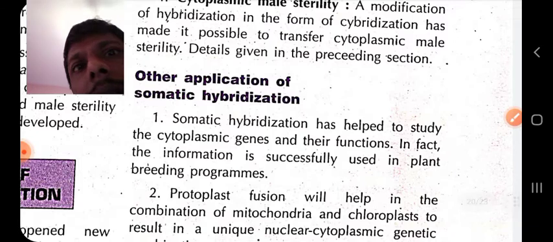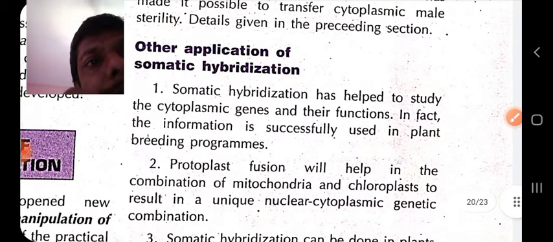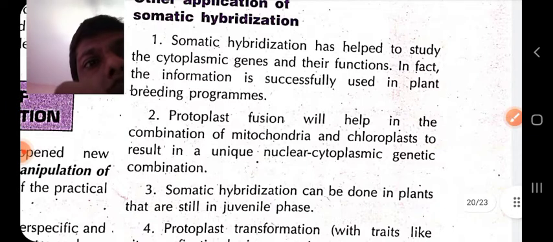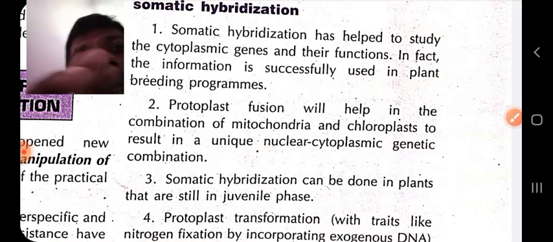That means through microscopic study we are able to study the genes, their interactions, and their functions. In fact, the information is successfully used in plant breeding programs. Protoplast fusion will help in the combination of mitochondria and chloroplast to result in a unique nuclear cytoplasmic genetic combination that can also lead to male sterility.